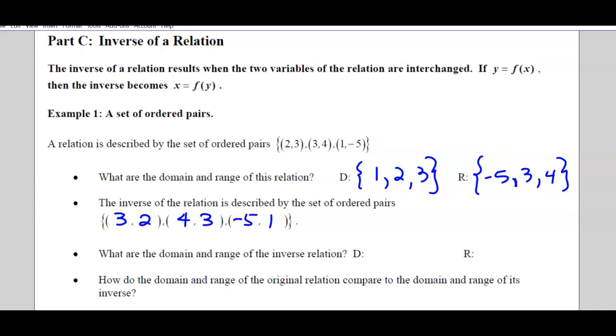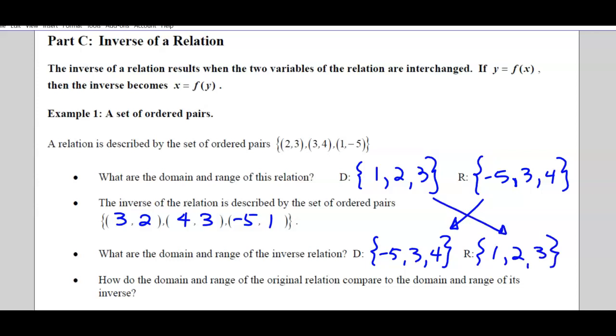Now, if you look at the domain of the inverse, 3, 4, -5, in numerical order, that was the original range. The range of the inverse is 2, 3, 1, so 1, 2, 3. Makes sense. If you're interchanging x's with y's, then your original domain, the x's, is now going to be the range of the inverse.